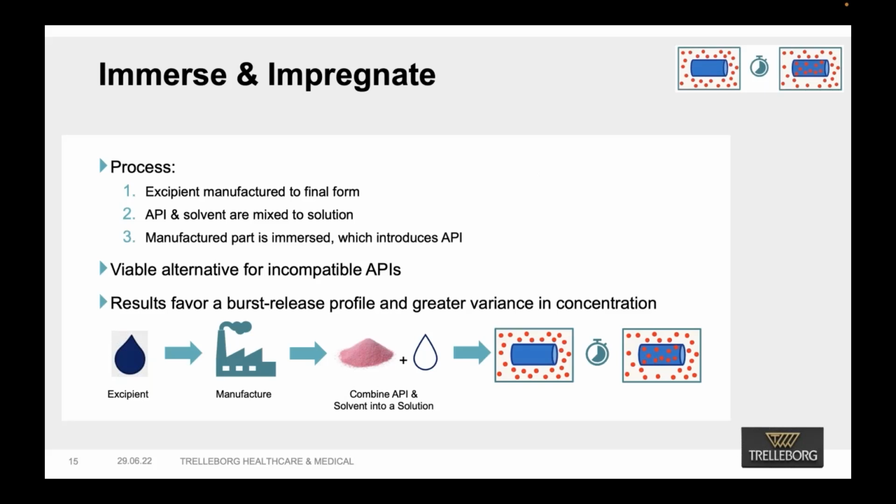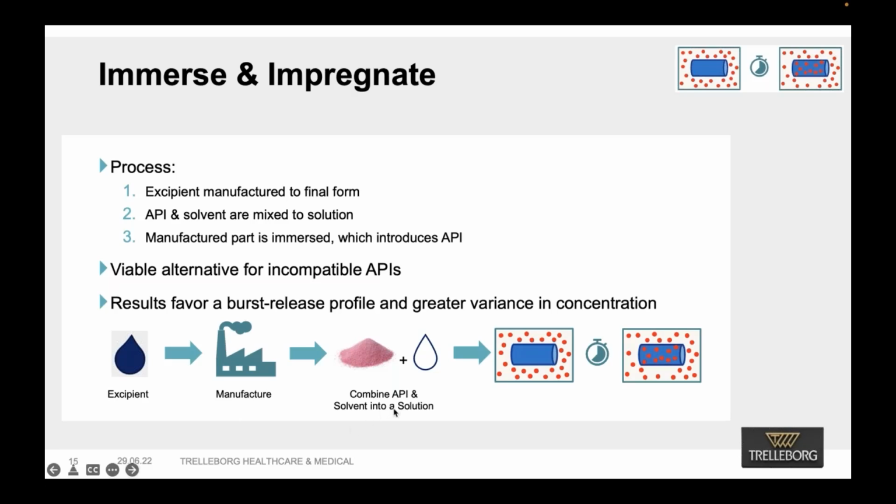So as a viable alternative where we run into some of the challenges previously mentioned, we do have the ability to immerse and impregnate a drug within the system. So again, following the visuals provided here, this is where we're taking the excipient material and actually pushing it through the manufacturing process without the pharmaceutical involved.